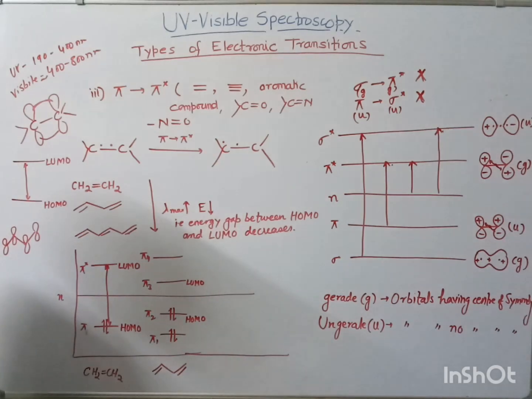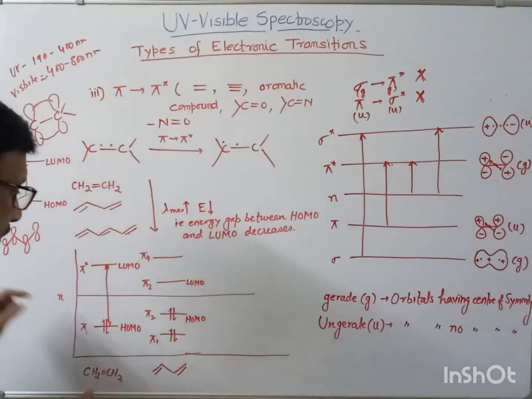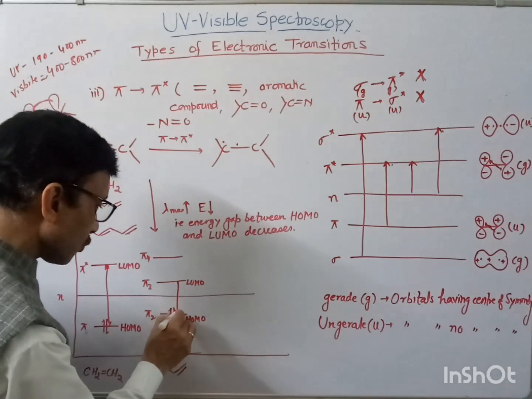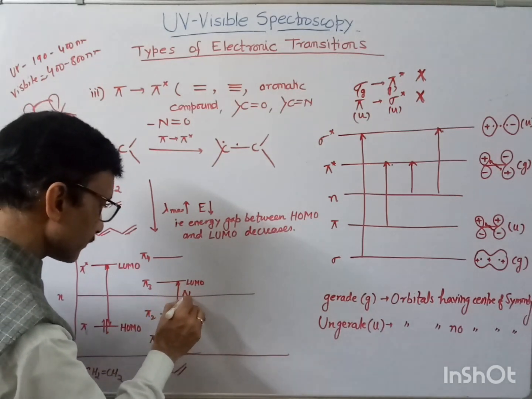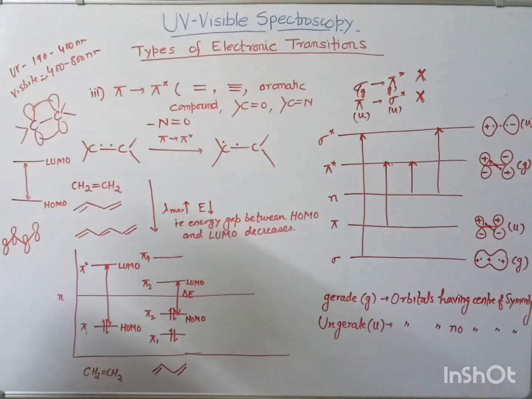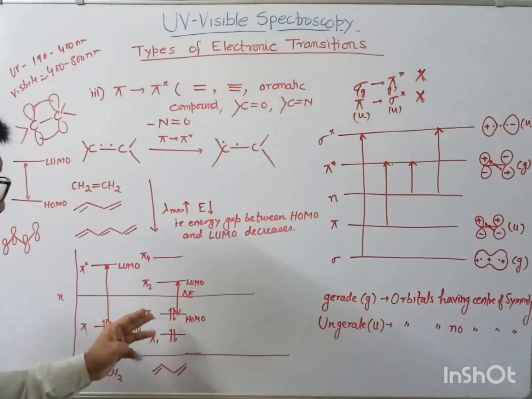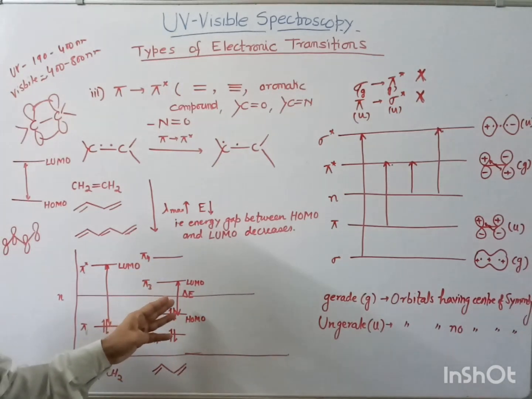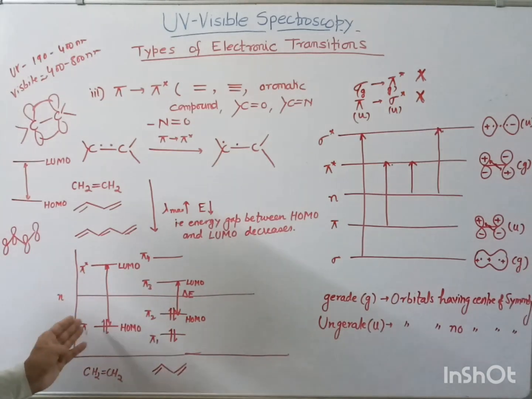Now, the energy gap between HOMO and LUMO is this, and it is less than that of ethene. That's why the energy gap decreases, and so it will require a higher wavelength in comparison to ethene.